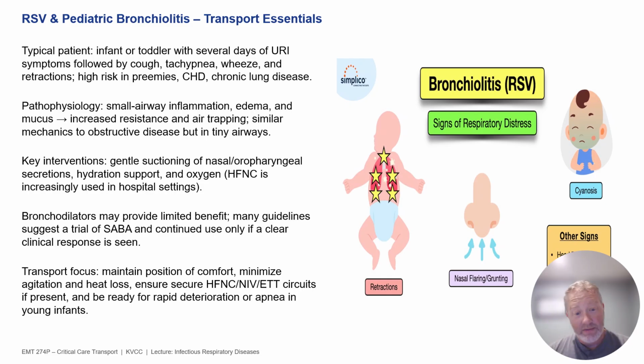Be ready for rapid deterioration or even apnea in young infants, because they can change on a dime, and it's pretty scary to see.